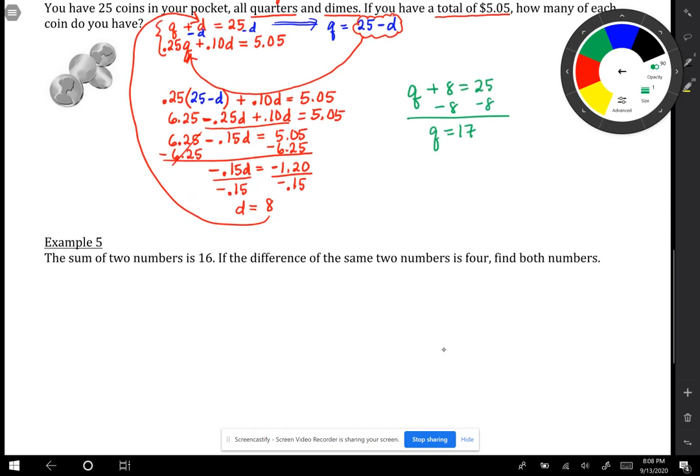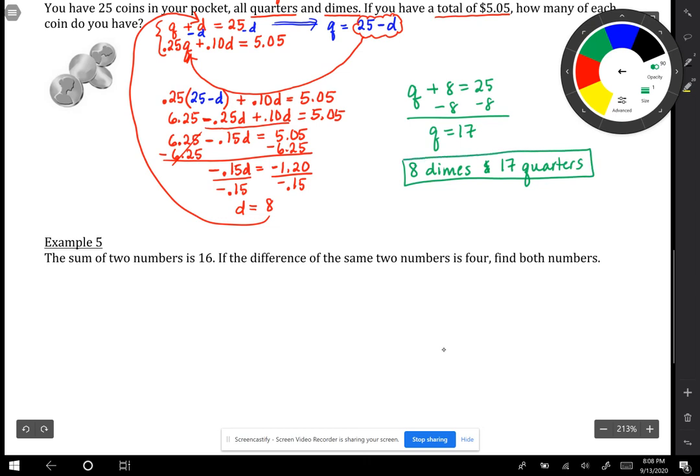Write it as a phrase. It doesn't have to be a sentence. So we have 8 dimes and 17 quarters. Since order doesn't matter, you could put 17 quarters and 8 dimes. But just no ordered pair, please. Remember, this is not allowed.